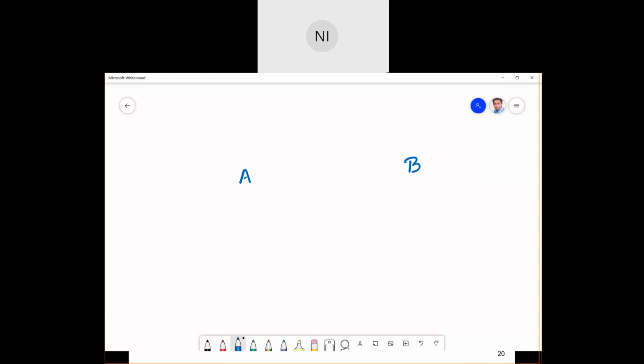So we have Alice and Bob. First, Alice has to do step one, which is getting the public key of Bob. Okay, so assume that somehow Alice has the public key of Bob.